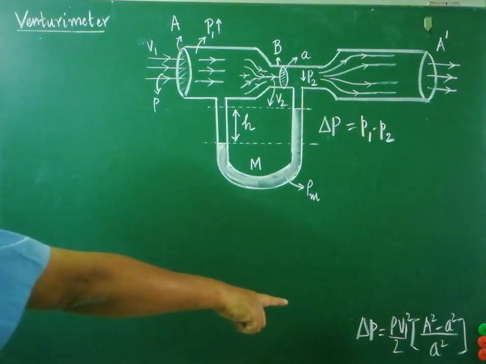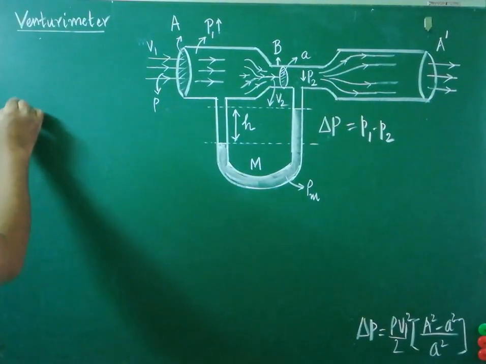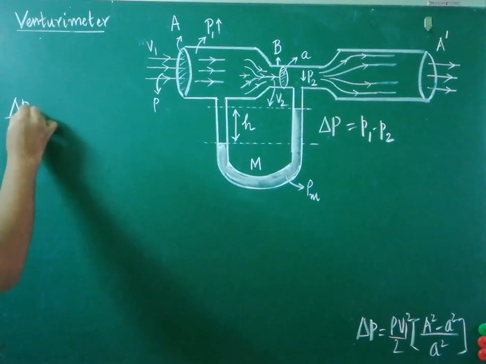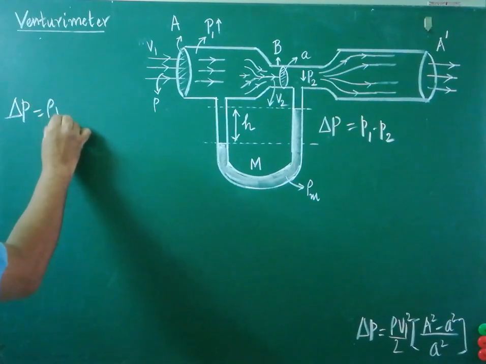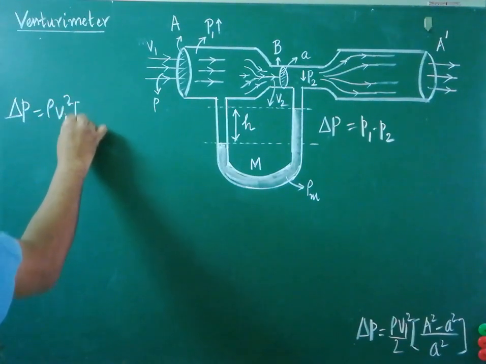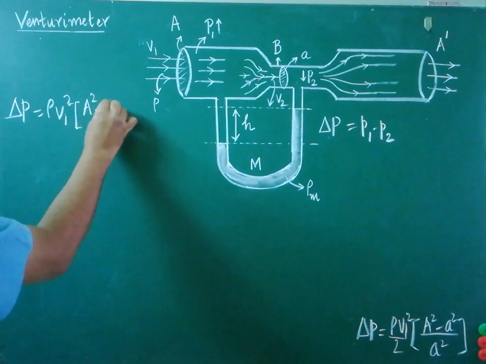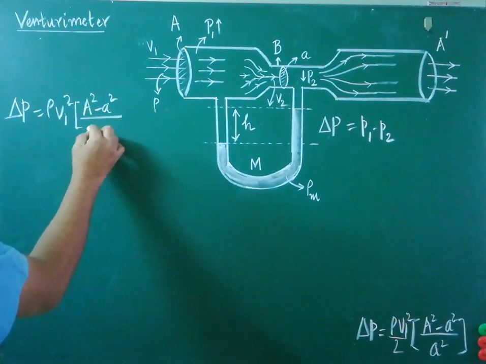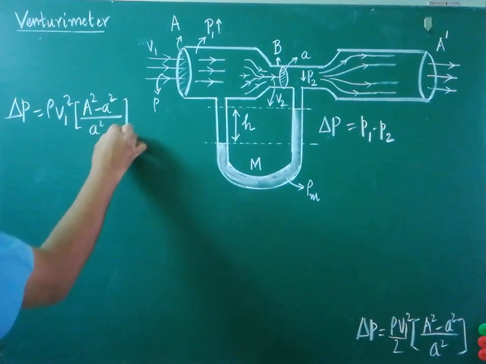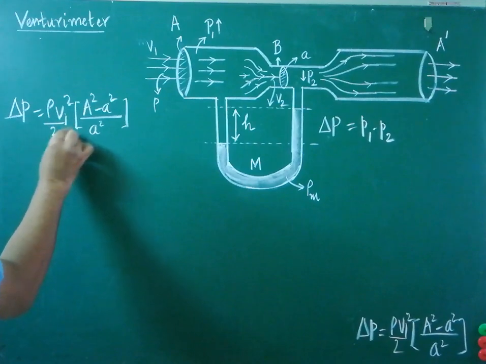Already I have calculated the difference in pressure. Again I will rewrite the equation. Del P is equal to rho V1 square in bracket capital A square minus small a square divided by A square is there. Here in the denominator 2 is there.